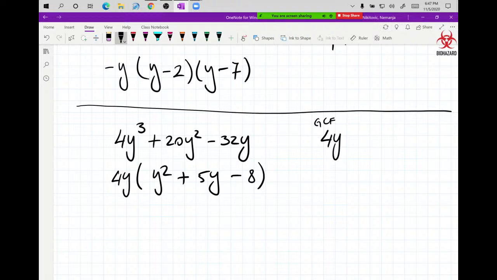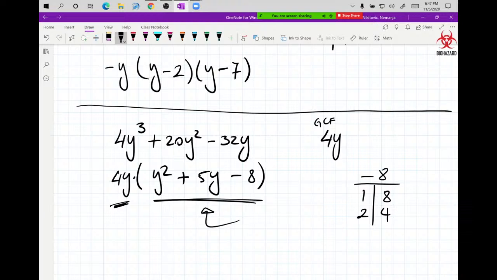Excellent. And then you can't factor it, right? Okay, let's take a look. So you claim it can't factor. That's a possibility. So we have this one, and yeah, there's no way to make 5. Excellent. So it's factored because you have a factor of 4y and this.